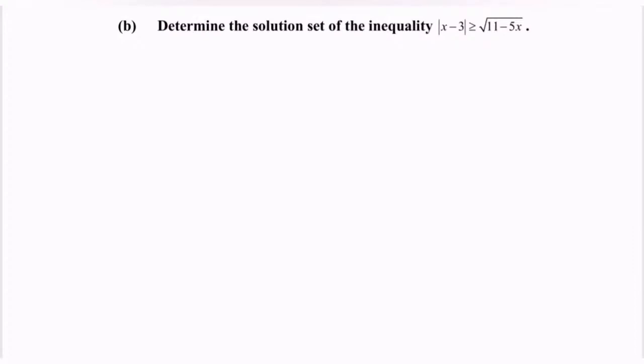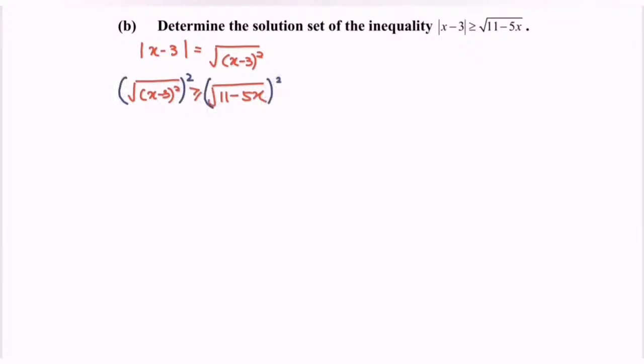By referring to the definition of the modulus, where we have modulus of x minus 3 actually equal to the square root of x minus 3 squared. So rewrite the situation where we have the square root of x minus 3 squared greater than or equal to 11 minus 5x. Next, my suggestion will be to square both sides.